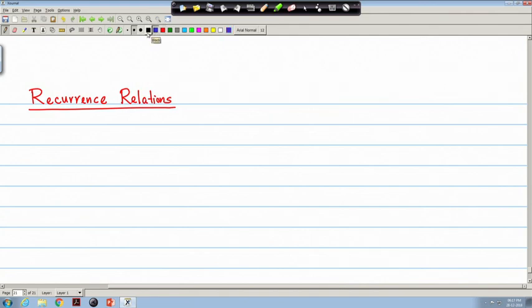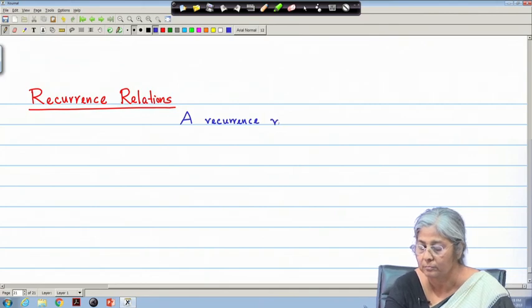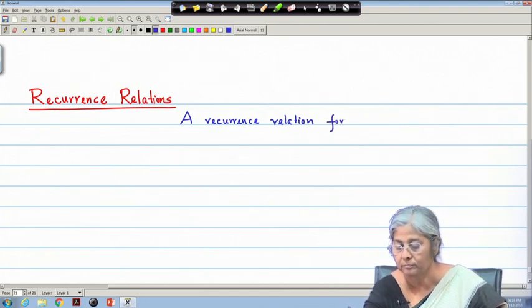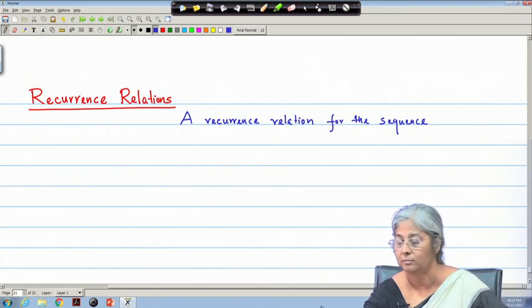So, first we define a recurrence relation. We have earlier read sequences or recursively defined sequences.